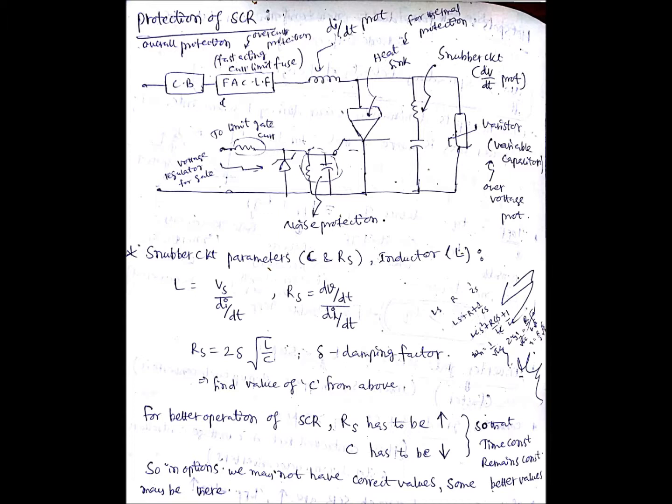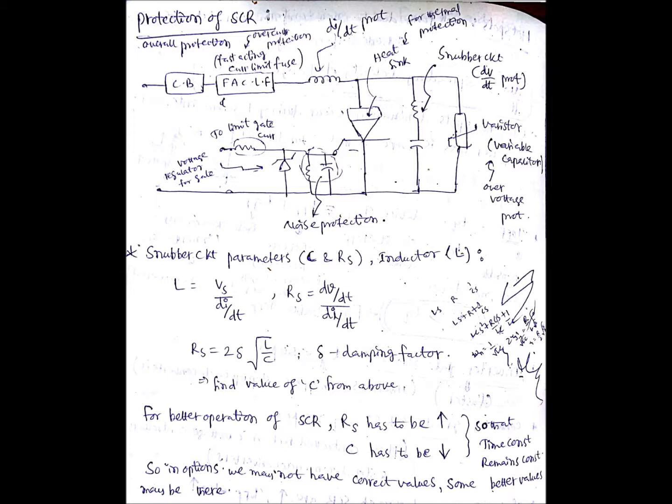Then we have a varistor, which is nothing but a variable resistor, okay? And that will be used for over voltage protection. So here I have mentioned all the components which will be used for different types of protection in case of SCR.